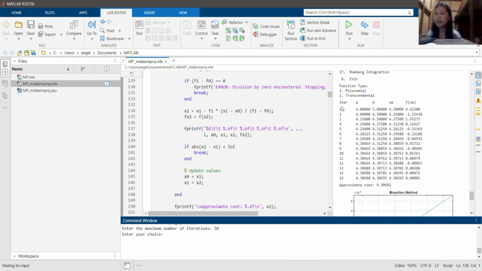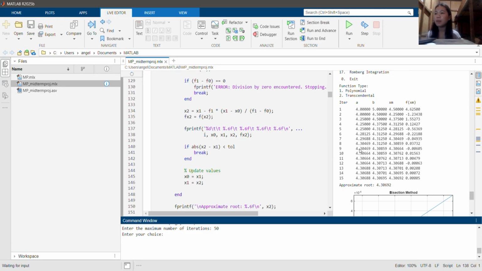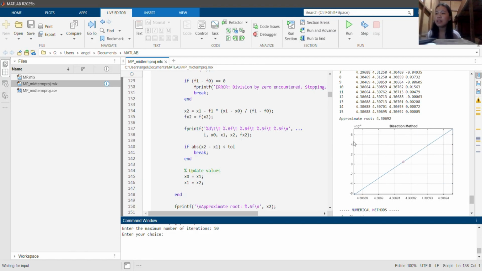On the right side of the screen, we can see the iteration table, and by analyzing it, you can see that the iterations stop at 15, and our approximate root is 4.30692.